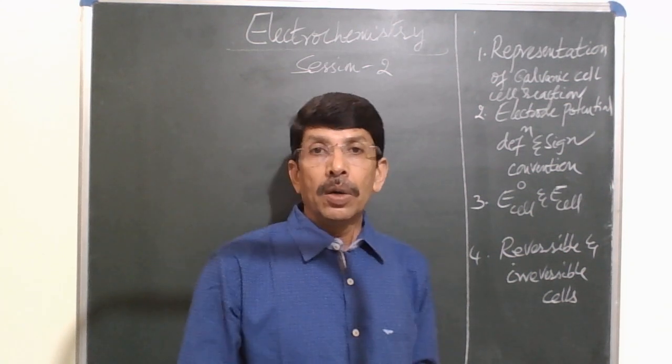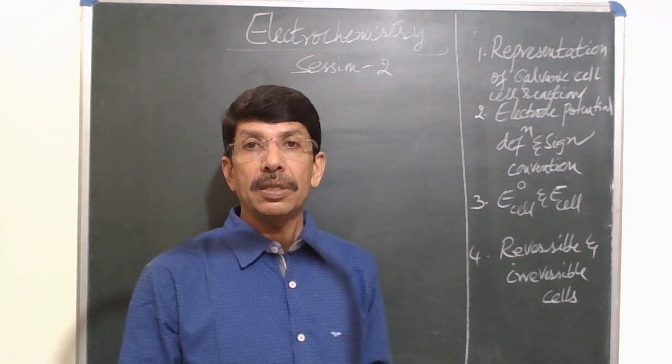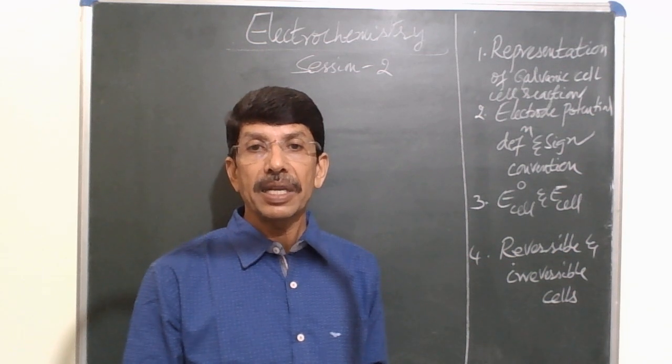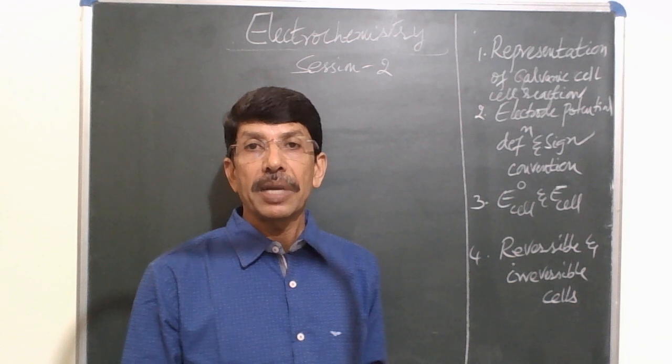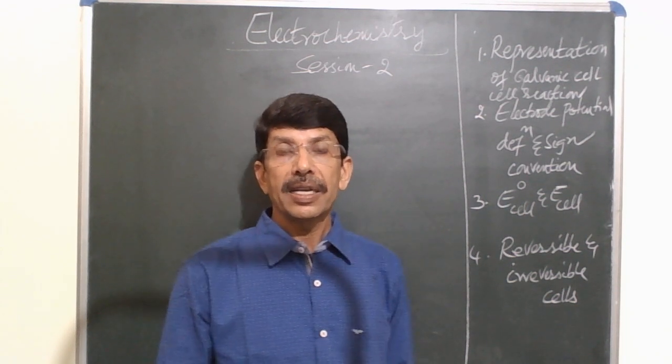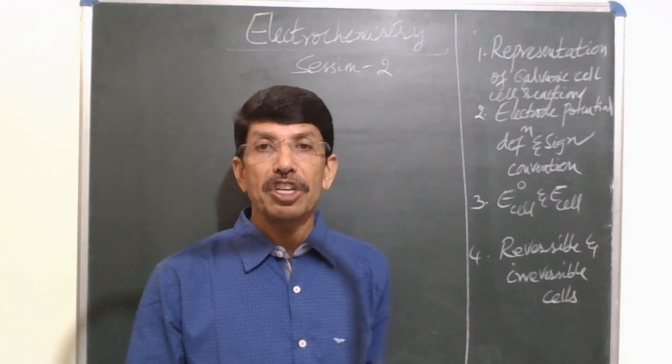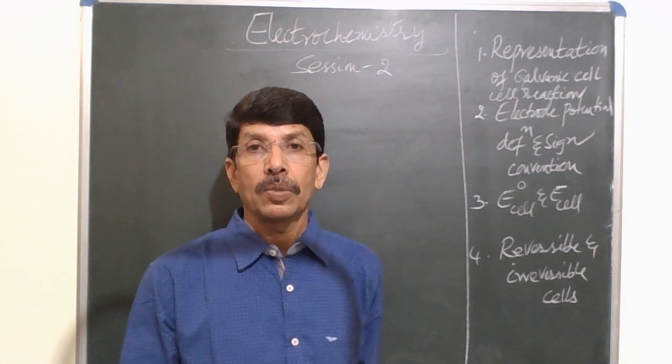So we learned that electrochemistry is the study of interconversion of electrical energy and chemical energy. Electrical energy is converted into chemical energy in an electrolytic cell, and chemical energy is converted into electrical energy in a galvanic cell.